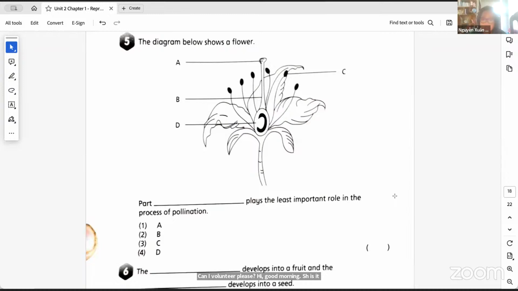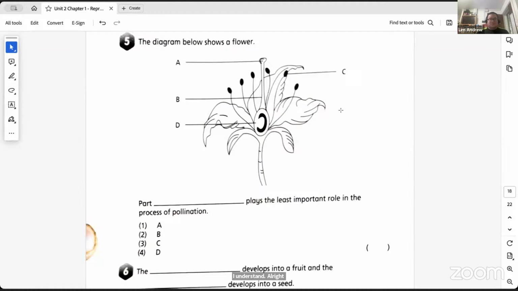So which part, A, B, C, or D, plays the least important role during the process of pollination? I think it's C. Why do you choose C? I think that part is the least important role in the process of pollination. Understood. All right. Thank you very much.